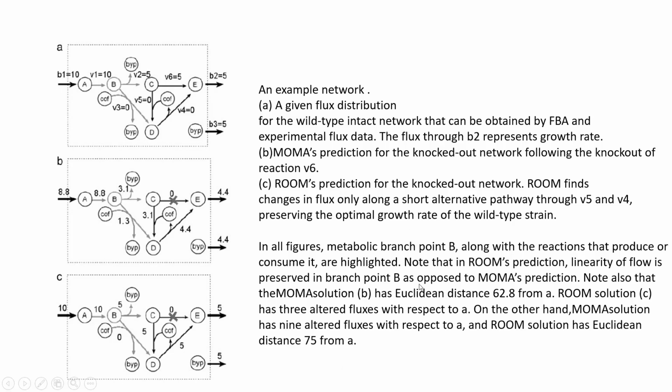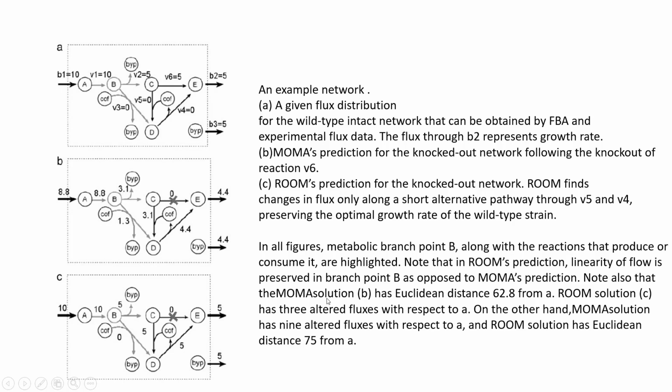Just note that in ROOM's prediction, linearity of flow is preserved in the branch point B as opposed to MOMA's prediction. I'm not going into the details of each of the reactions, but just to give you an overview of how the results are different.